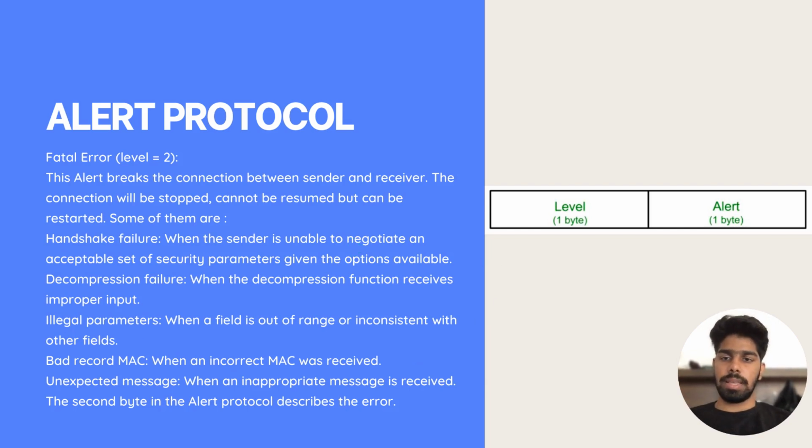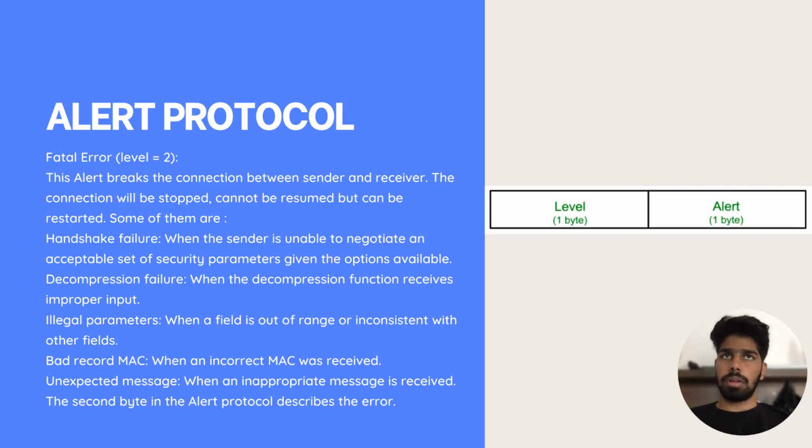This alert means the connection between the sender and the receiver will be stopped and cannot be resumed. Some of them can be restarted, like by refreshing the page. Handshake failure: the sender is unable to negotiate with the server because no acceptable security parameters are available. Basically, there are no common encryption algorithms which they can agree upon.